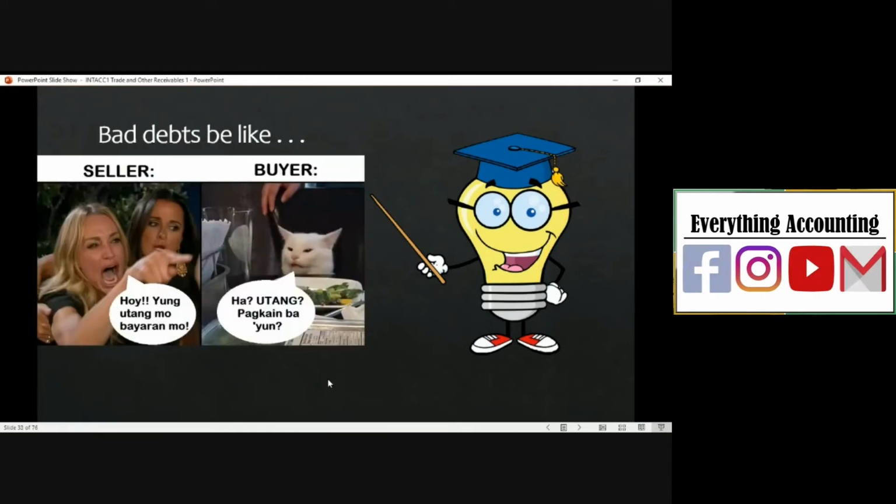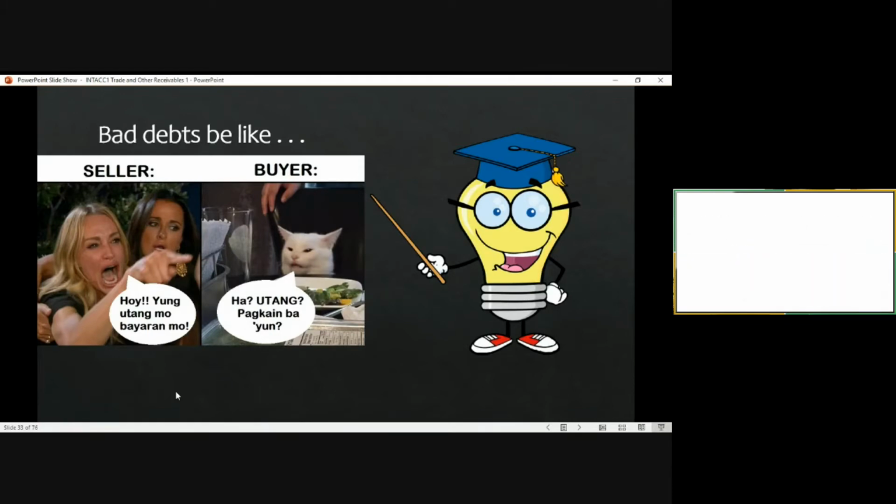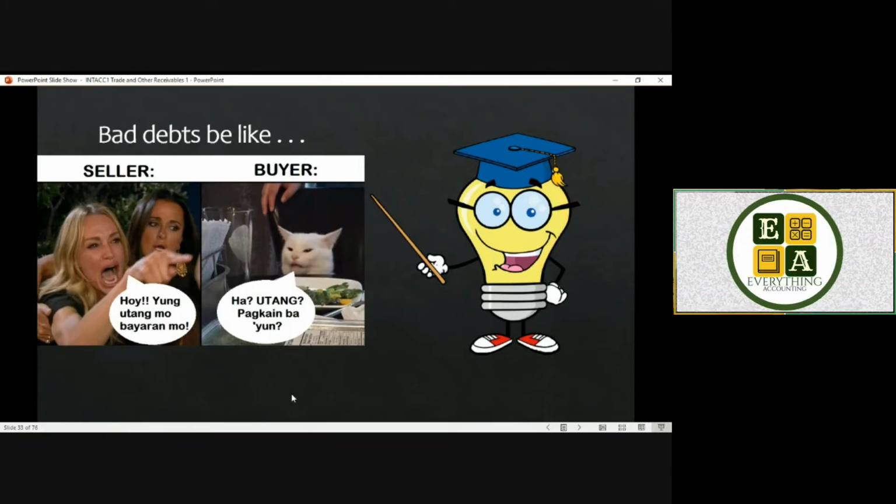So ganito yung parang picture ng bad debts. Nagko-collect na si seller. Sabi ni seller, hoy, utang mo, bayaran mo. Sabi naman ni buyer, ha? Utang? Kaya ba yun? Nagbabaliwala na si buyer ng kanyang utang.